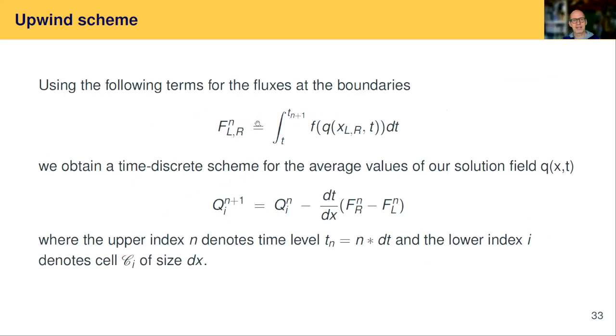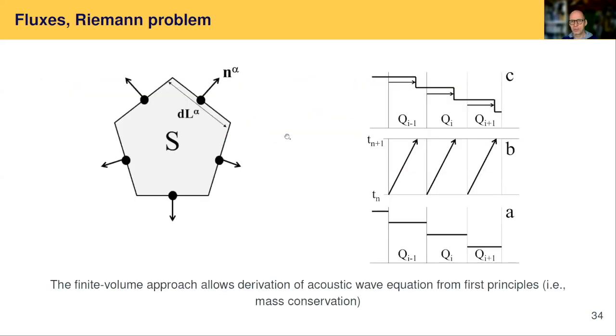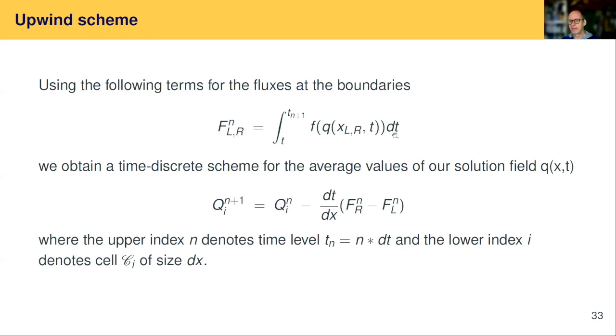And again, what we need is a flux term. A flux term is the integral over time, from t to t plus dt, of the flux across a certain boundary. That looks complicated, but if you know the flux, it's actually trivial. You basically multiply the flux with the time, and then you have these values at the left and the right boundaries.